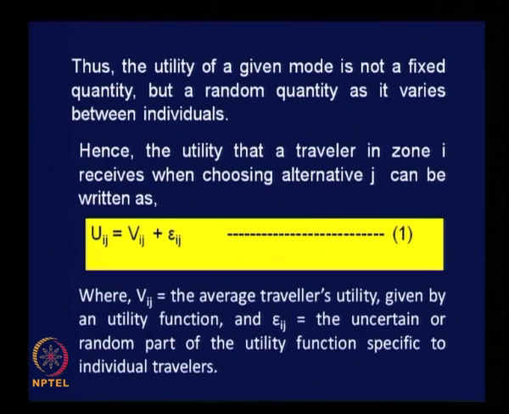It is not bringing in the variation given by a utility function, and epsilon ij is the uncertain or random part of the utility function specific to individual travelers. Now, the question is how to quantify epsilon ij and get the value of Uij.